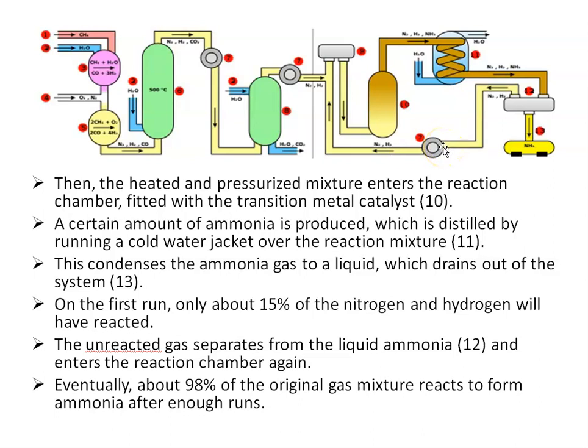And enter the reaction chamber again here, right? Eventually, after recycling, after enough runs, about 98% of the original gas mixture reacts to form ammonia, right? So this is all about non-biological nitrogen fixation and the Haber-Bosch process, right?